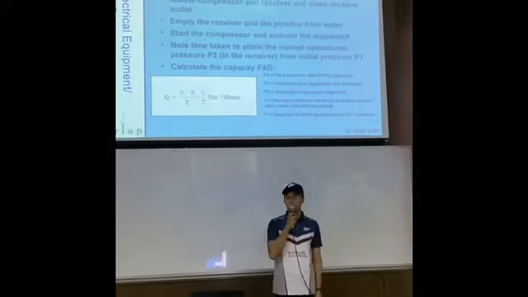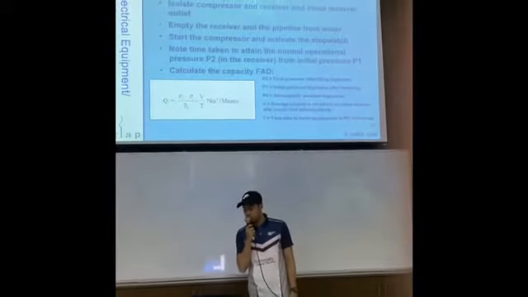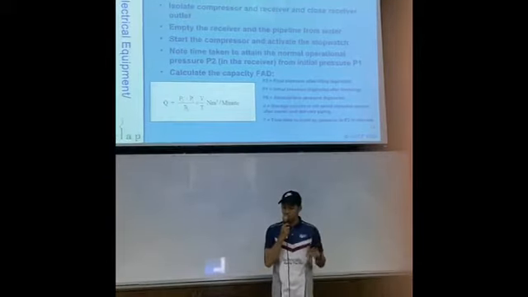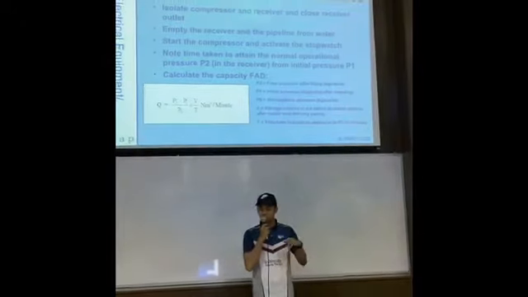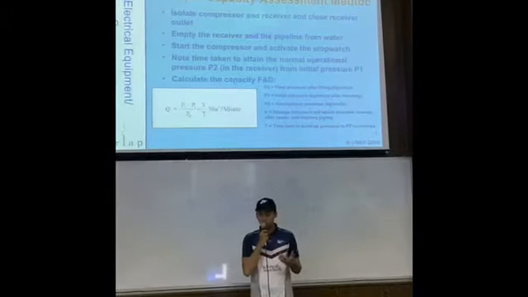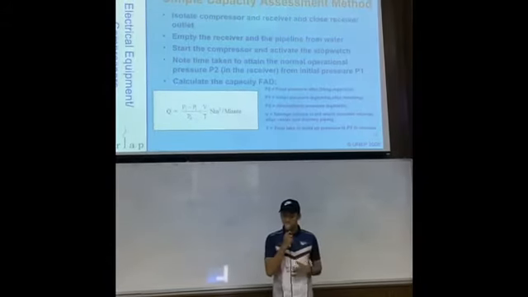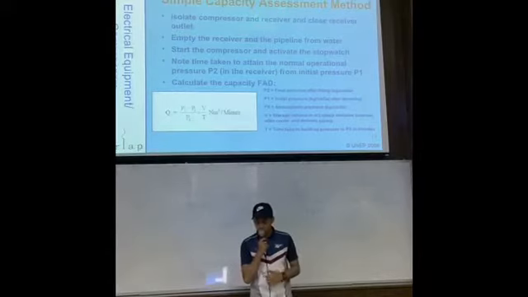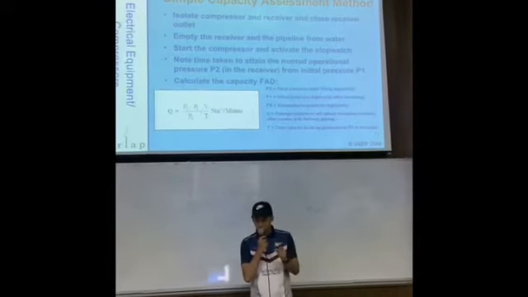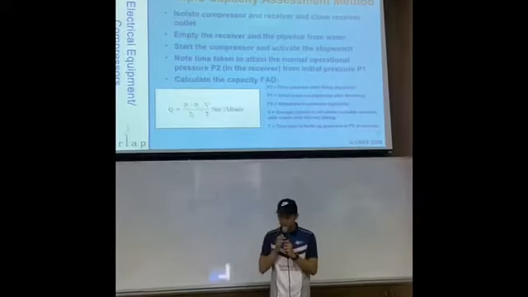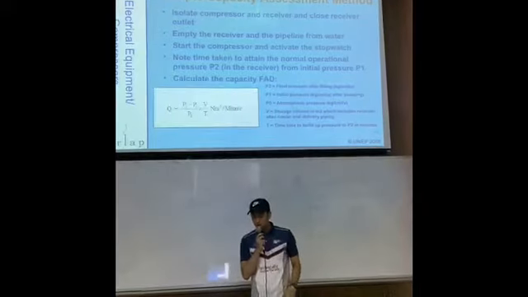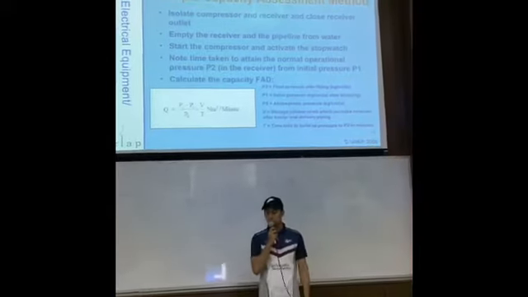And a simple capacity assessment method. First, isolate the compressor and receiver and close the receiver outlet. Empty the receiver and the pipeline of water. Start the compressor and activate the stopwatch. Note the time taken to attain the normal operational pressure P2 in the receiver from initial pressure P1.